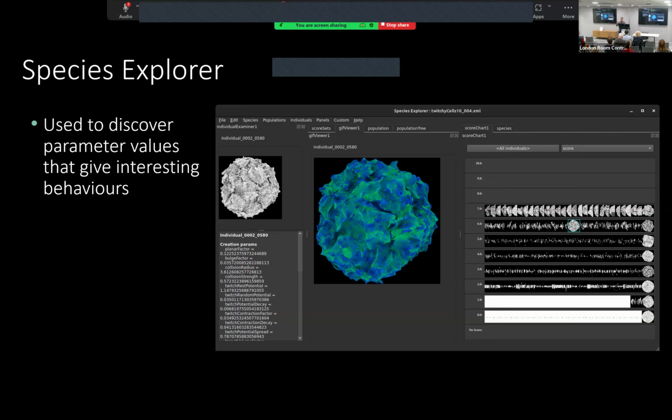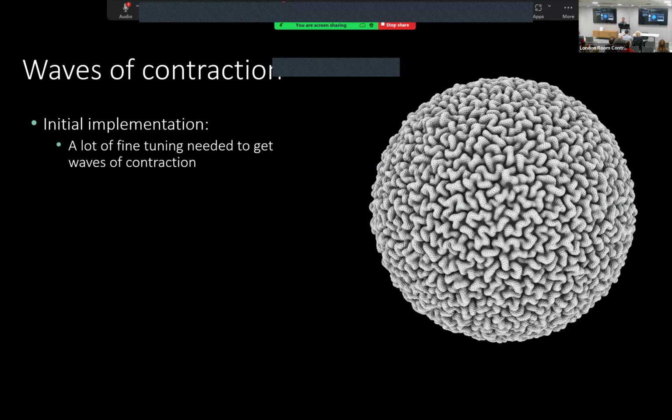I just explore the parameter space and find the points where parameter combinations seem to do interesting stuff. So yet again, I'm using Species Explorer. I've found a number of different points in the parameter space that seem to do what I think is interesting behaviour, which I can then give as presets for people to start with.